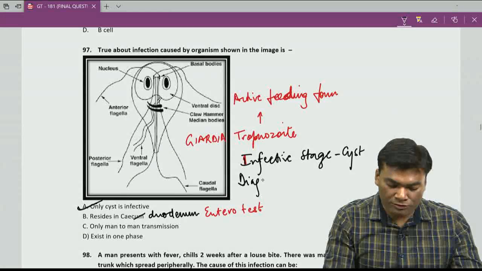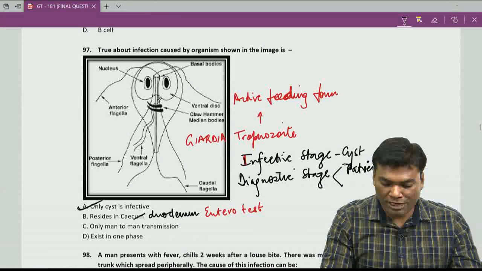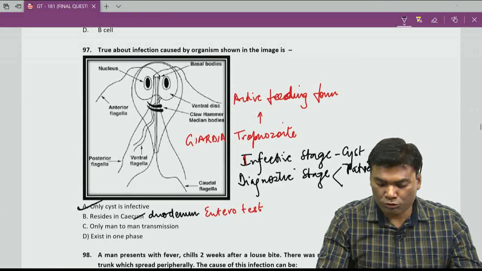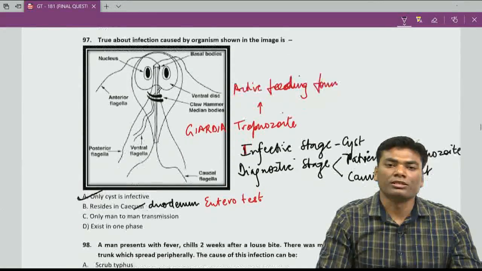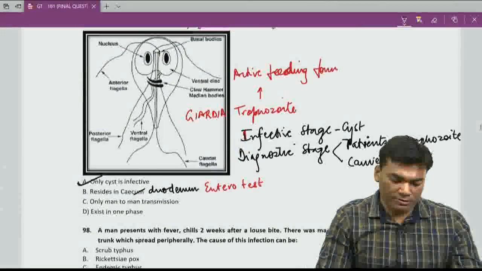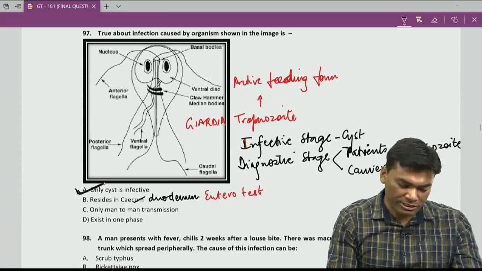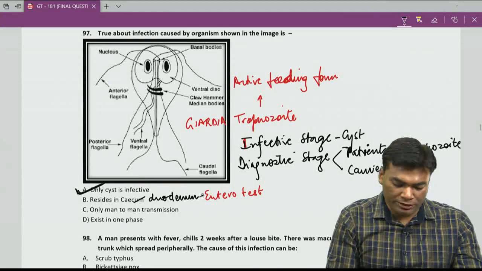Whereas the diagnostic stage, in patients who have active disease, you will see a trophozoite. So by this duodenal entero test, we will see trophozoite, but chronic carriers will pass cysts only, so you will see a cyst, right? So the answer is only cyst is infective. This is correct. It does not reside in the cecum, it resides in the duodenum, and we see it by entero test.